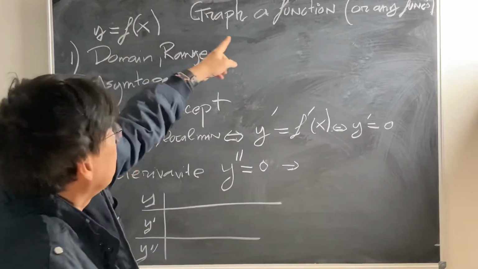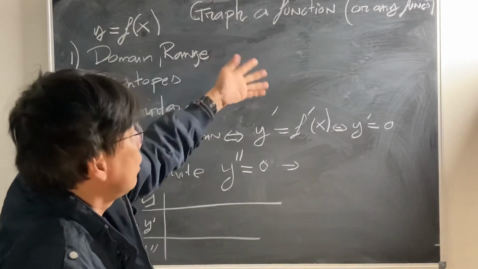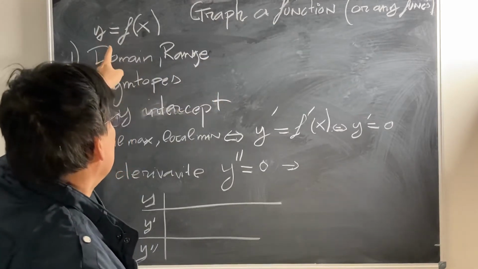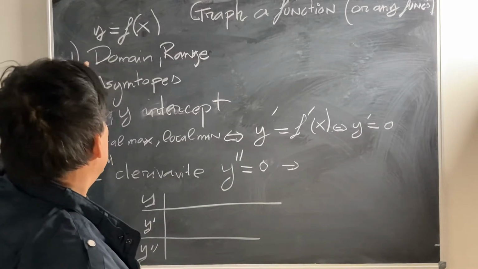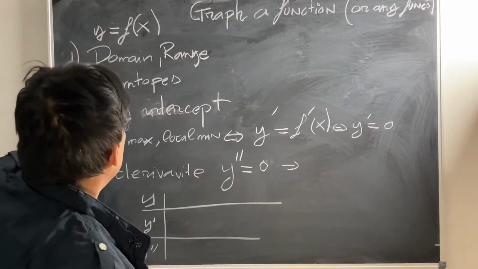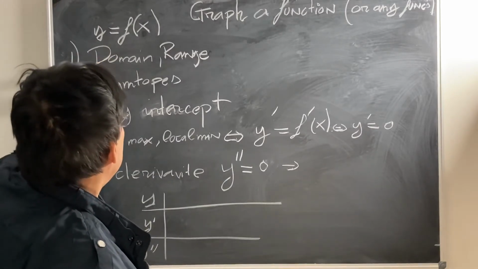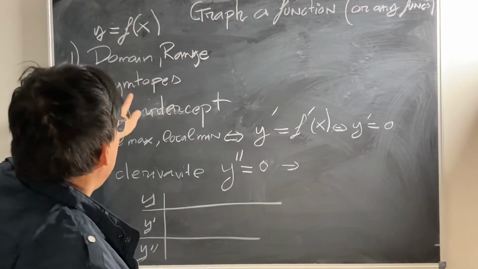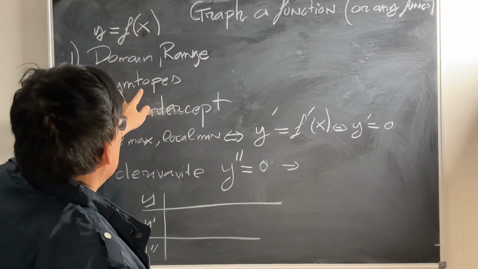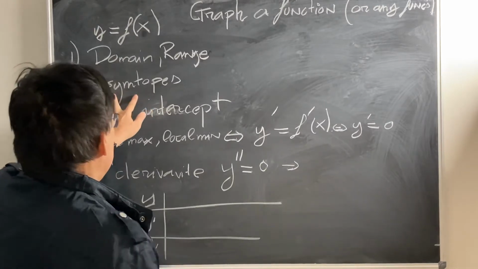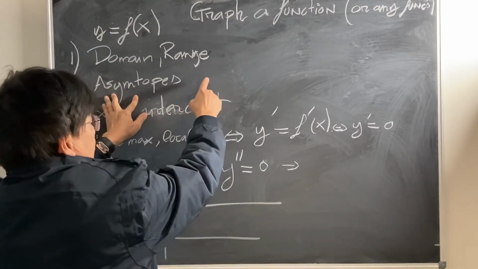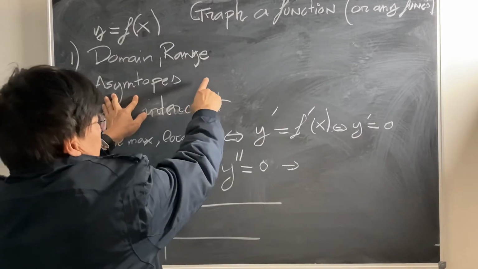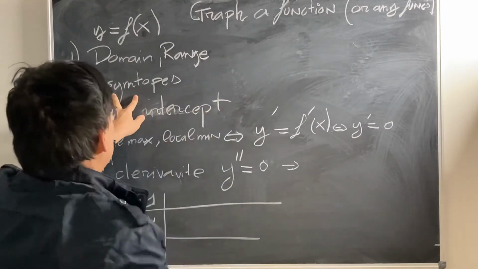Okay, so again, to graph any function, we need to go through 6 points. The first one, you have to find domain and range. The second one, you have to find asymptote. You can use limits or L'Hopital's rule to find asymptote.